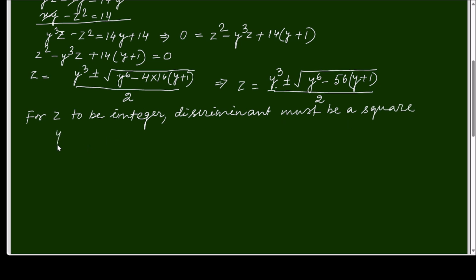That means y to the power 6 minus 56 into (y + 1) is a perfect square.